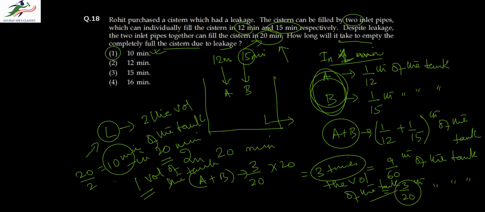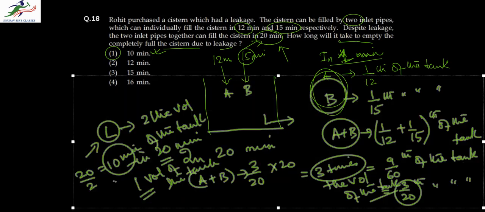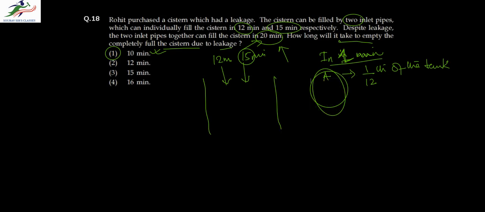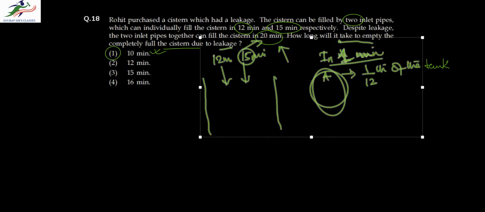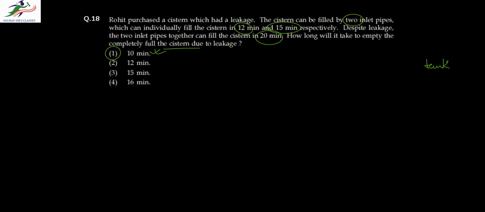Now I will show you a more traditional method by which you can calculate. In this calculation, you can do it mentally also. You can just look at the numbers. So 1/12 plus 1/15 is the total volume that A and B together can fill in 1 minute, which is very easily calculable as 3/20.